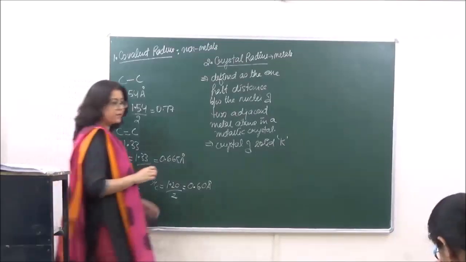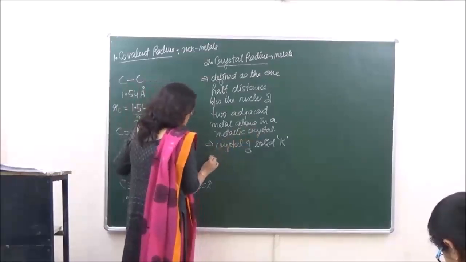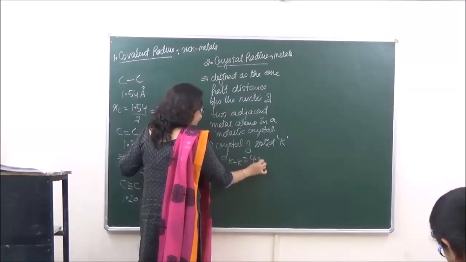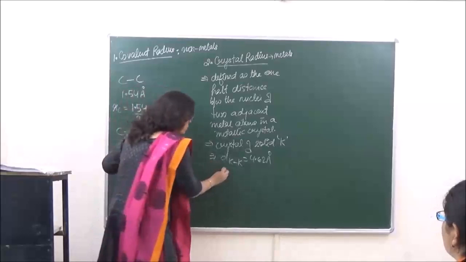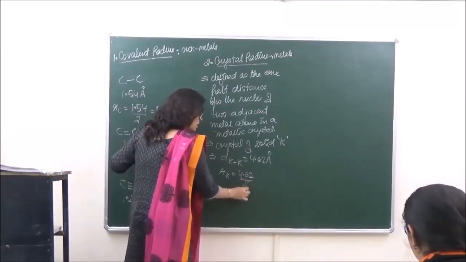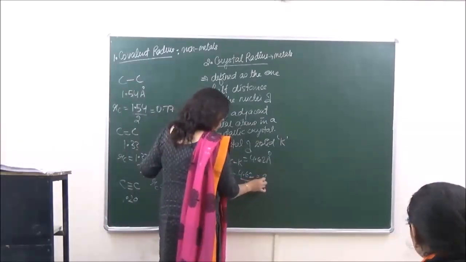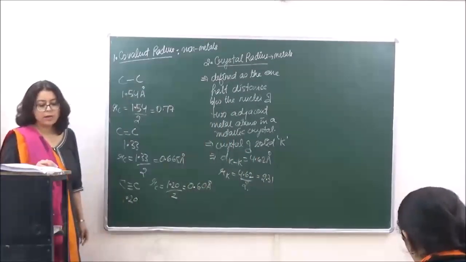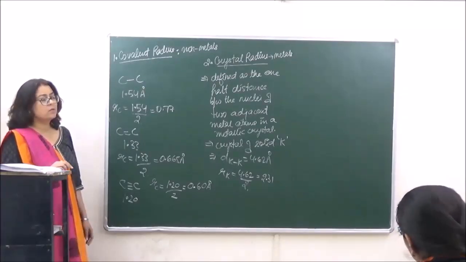Now metallic radius, let's say that the distance between these two potassium atoms is equal to 4.62 angstroms. Then what is going to be the radius of K? That is going to be 4.62 divided by 2, so that comes to 2.31 angstrom. So this is the second type of radius which we have.